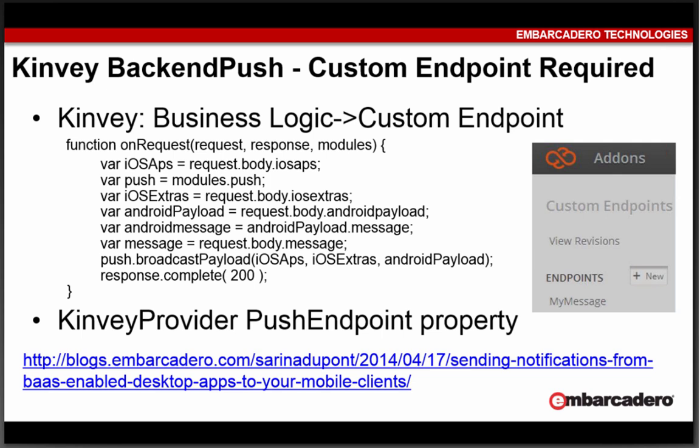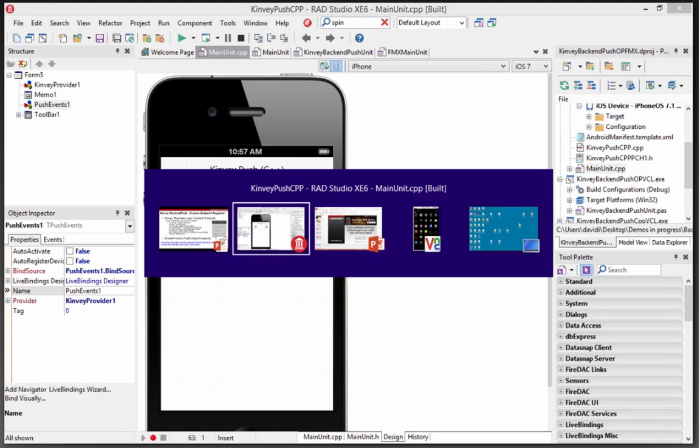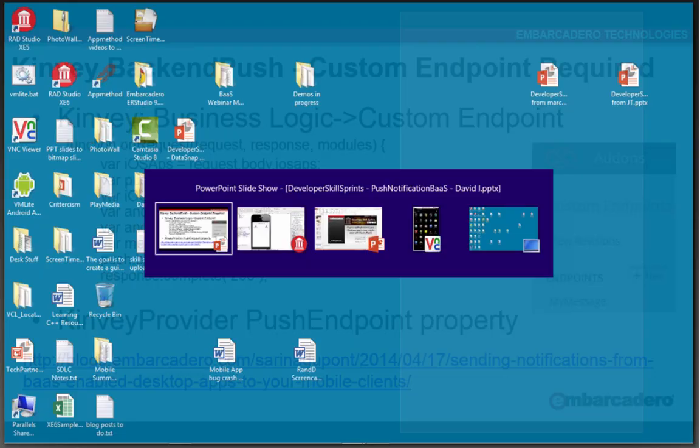And Serena DuPont has an April 17th blog post with an example, which I stole. There's the source code, and I stole the bitmap that is over here on the screen.